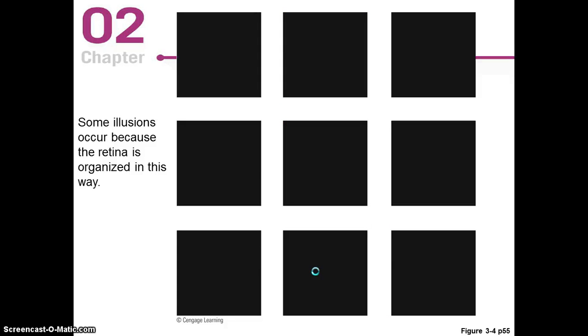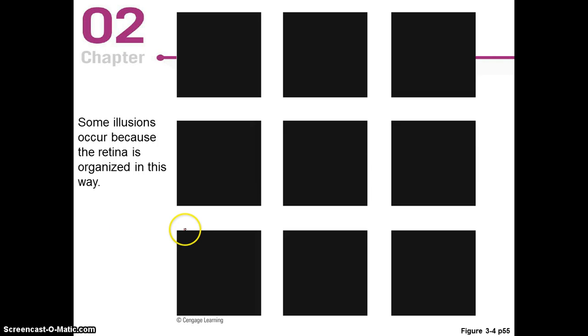But what's interesting is that the fact that the retina is organized in the way that it is, with signals being sent both vertically as well as horizontally, contributes to some types of illusions. For example, this is something called a Hermann grid, and this is a fairly strong illusion that occurs fairly easily in just about everybody.